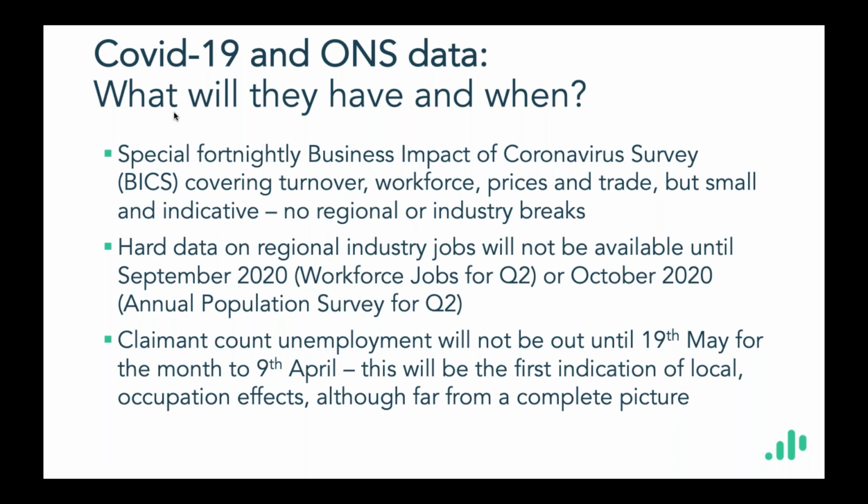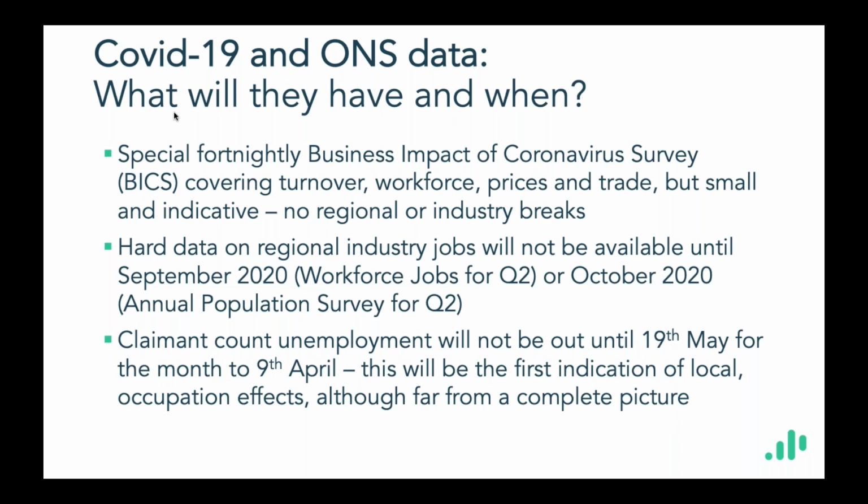There's hard data available on regional industry jobs, but that won't be available until September 2020 through workforce, and that will be for workforce jobs from Q2 or October 2020, and that will be the annual population survey for Q2. So it's only when we've got that Q2 data available through ONS that we'll have that insight, and obviously you can see there's a time lag there that we need to take account of.